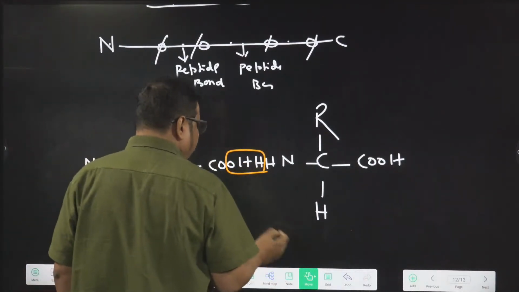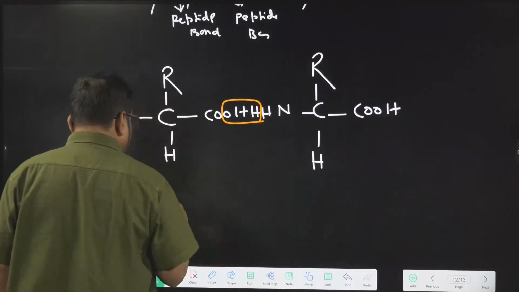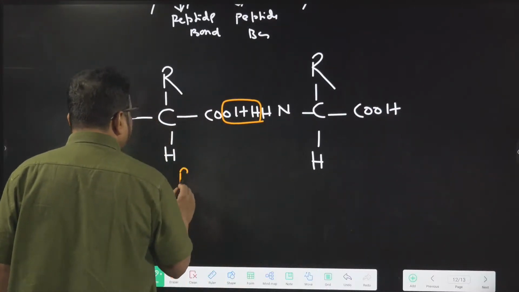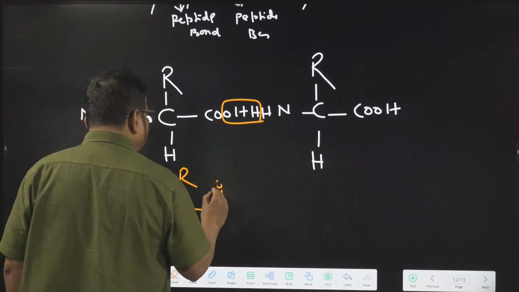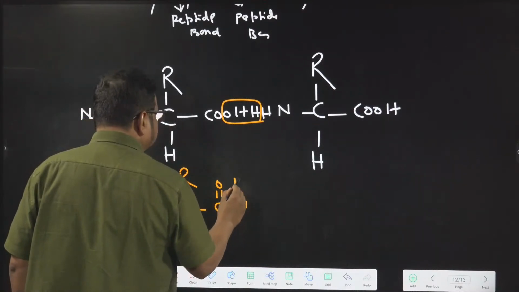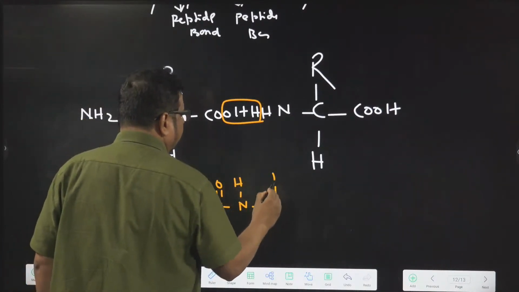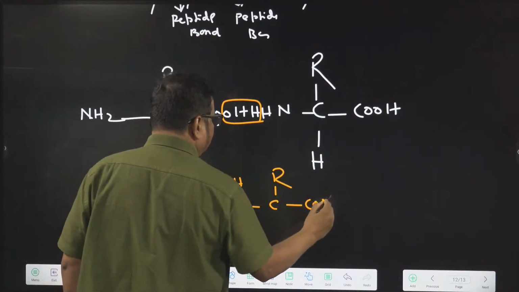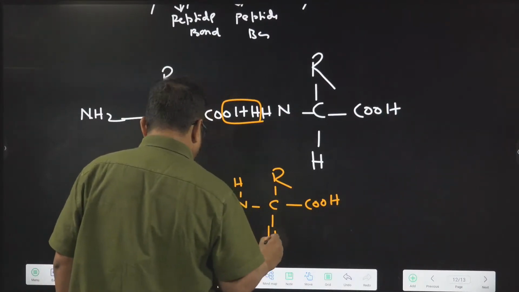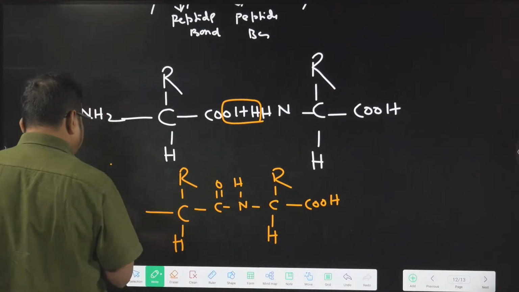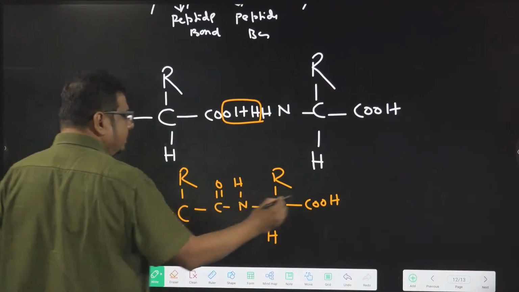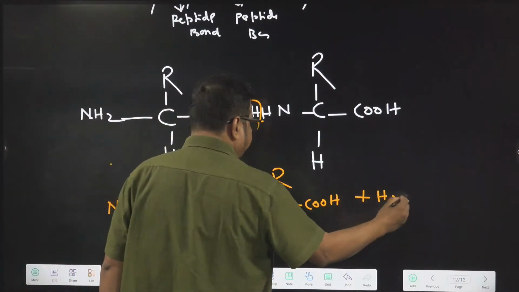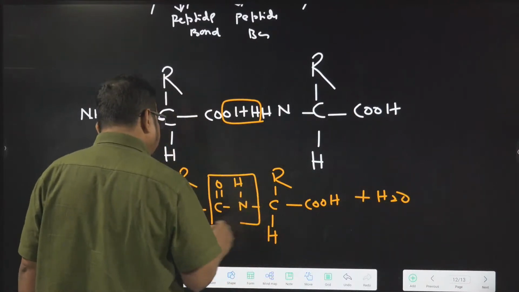And what bond forms here? It is C, R, C, O, NH, C, R, C, O, O, H. One water molecule is released, and the bond formed here is the peptide bond.